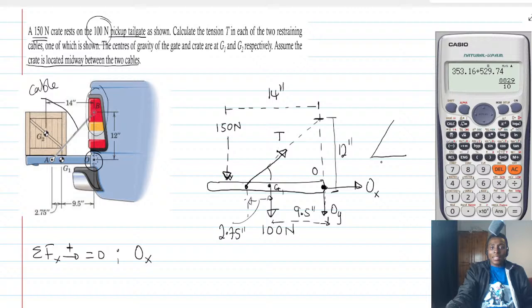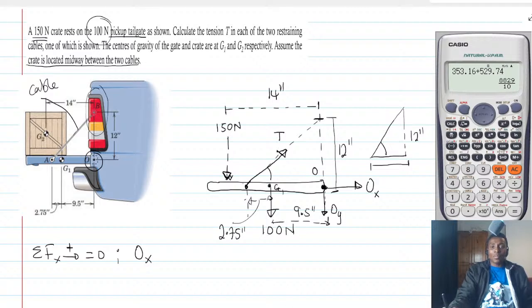Now let's say that the distance from here to here is 12. Okay, I'm coming. So let's say that the distance from here to here is 12. And then if we know this distance, then we can find this angle, right? So now that distance is going to be 2.75 plus 9.5.